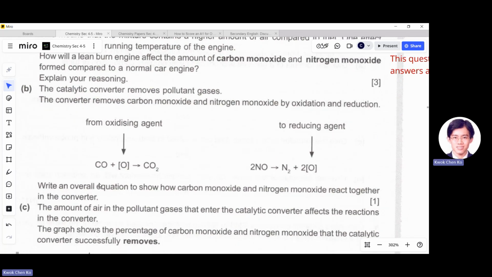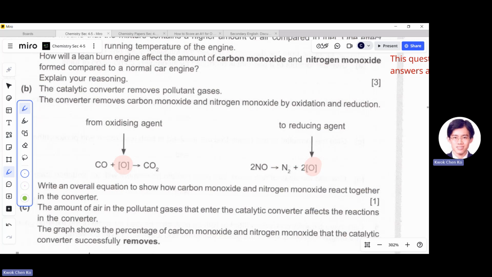Overall equation. Right, guys, hopefully you can get a clue here. You notice O with square brackets, I think you've seen it before. It means the oxygen comes from a reactant, and in this case, your oxidizing agent. Now, my suggestion is this is common.